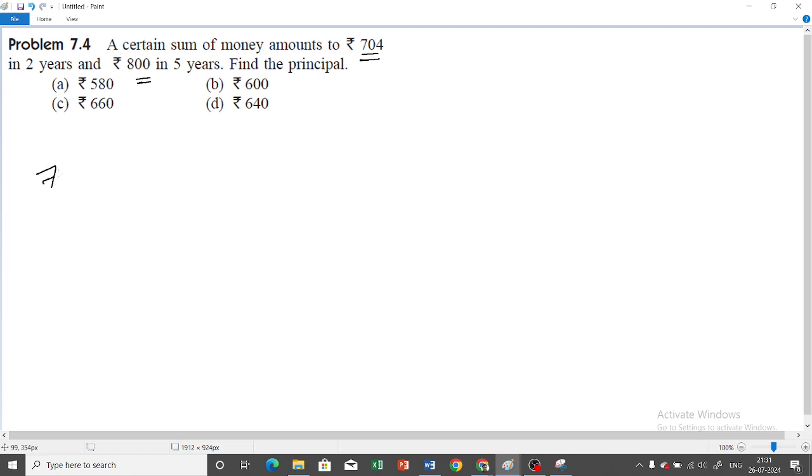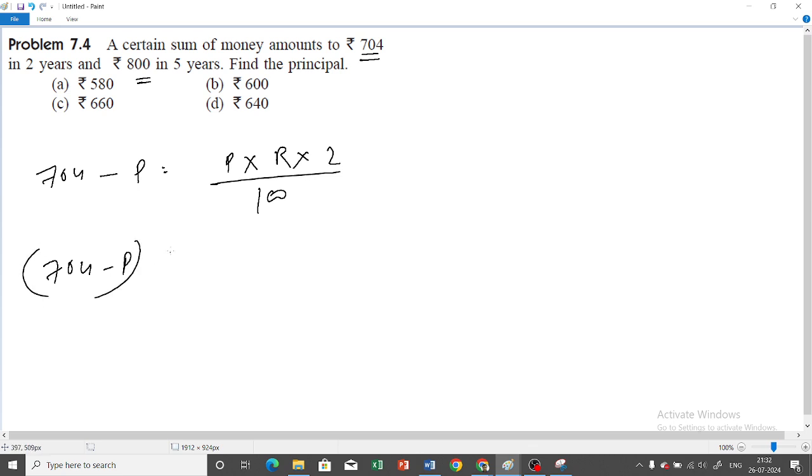Correct. So 704 minus P is the simple interest. The first case is P, rate is R, time is 2. Okay.